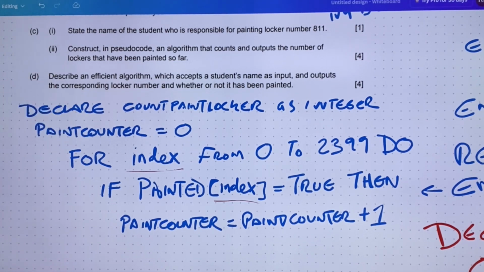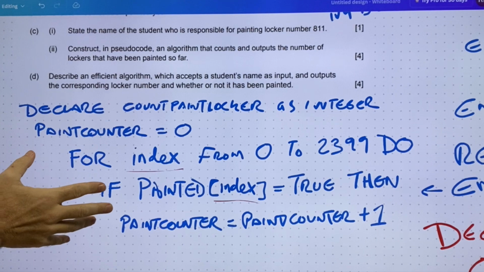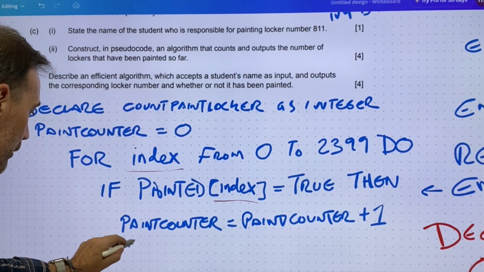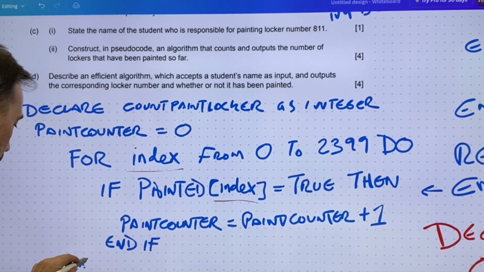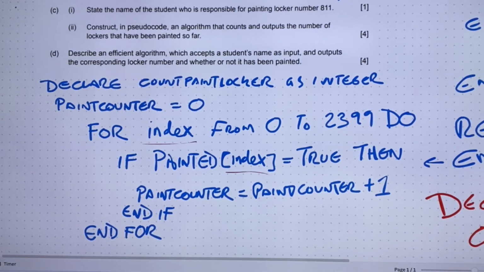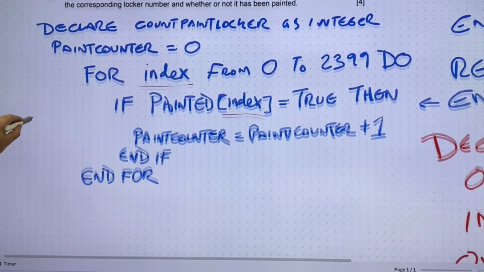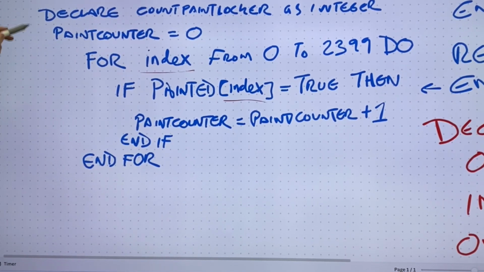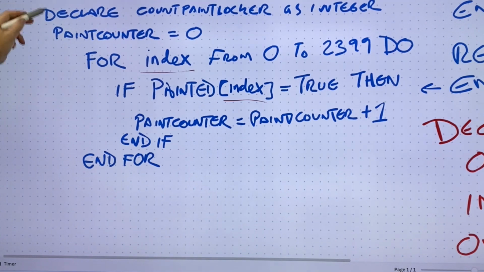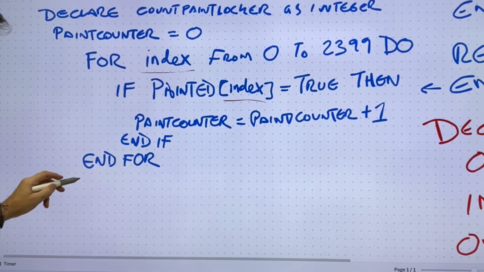For index, do paint counter. Then I'm going to end the if, end for. Just going to move that up, because then we've got to do some outputting, haven't we, down here? Yeah, just looking back, I thought I'd done it as a function. I haven't. So end for, and then all we're going to do is go output.